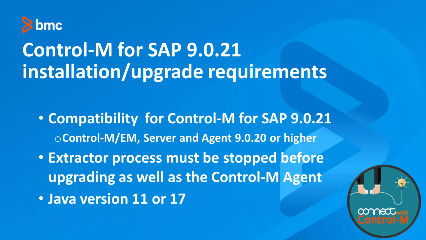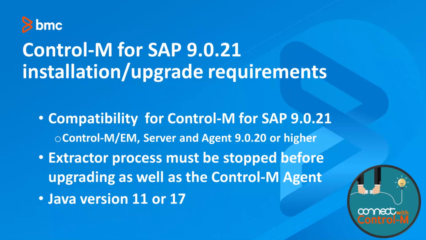We will upgrade from Control-M for SAP 9.0.01. We must ensure that the extractor process is stopped before upgrading. We must also make sure that Java 11 or 17 is installed. As part of the 9.0.21 architecture, Java version 11 or 17 needs to be installed on the same agent where we are going to install the plugin.